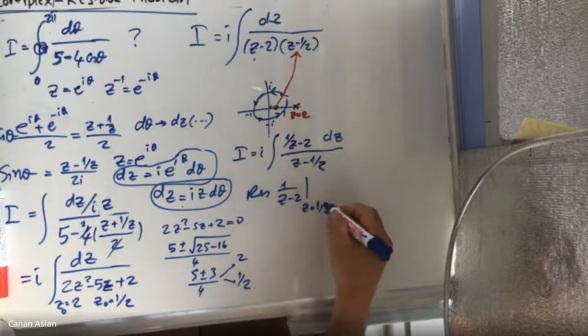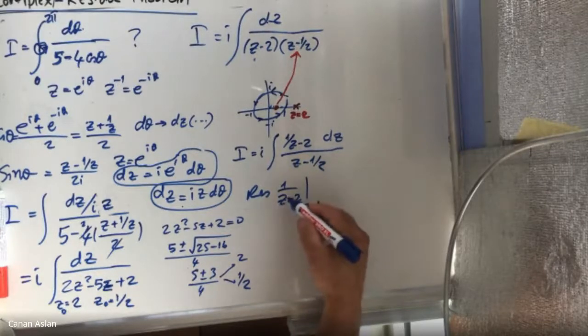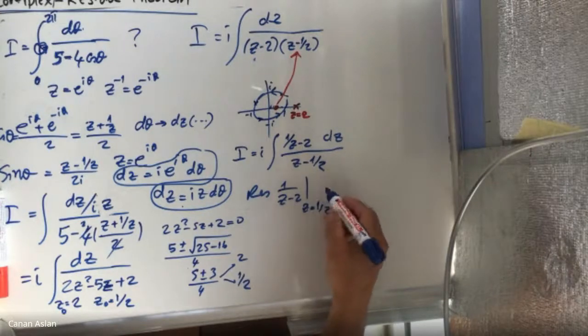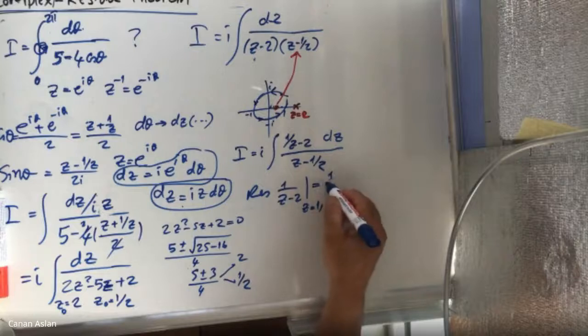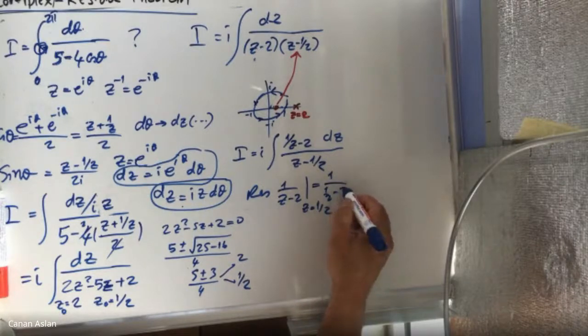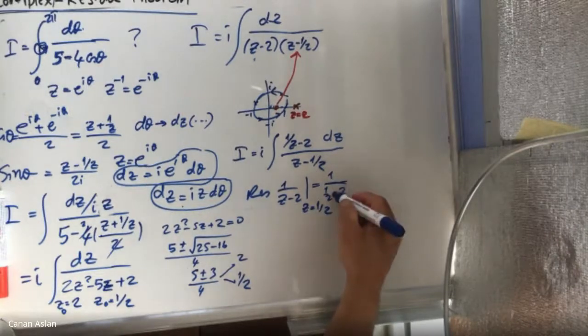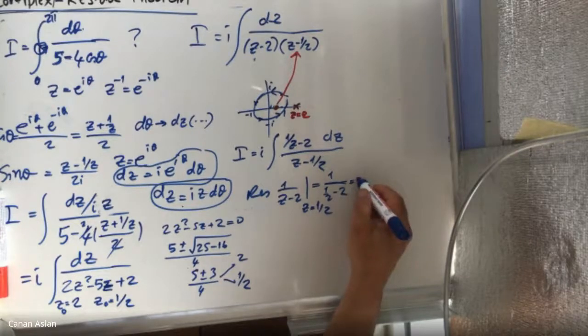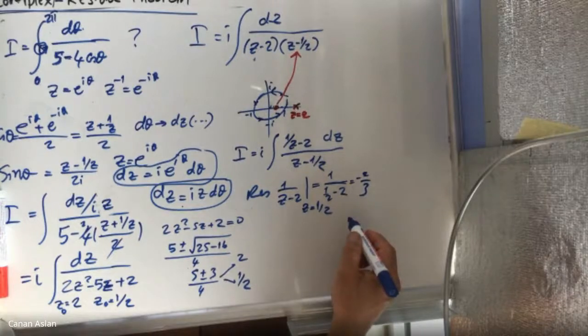When we put 1/2 there, you get 1 divided by (1/2 minus 2), which is 1 over minus 3/2, so minus 2 over 3 will be the residue.